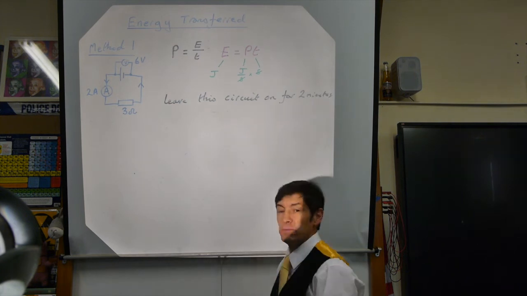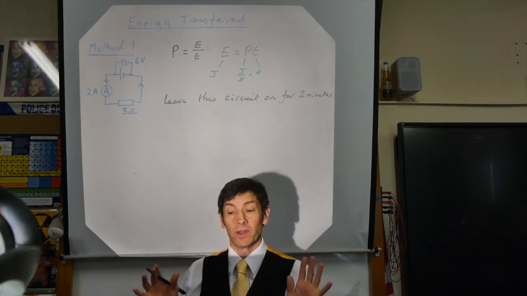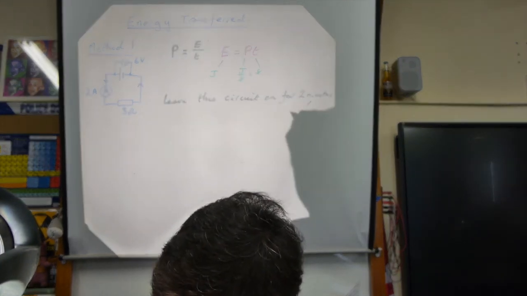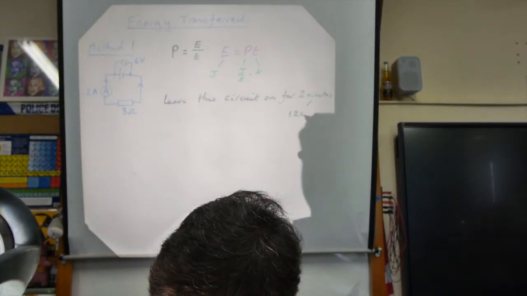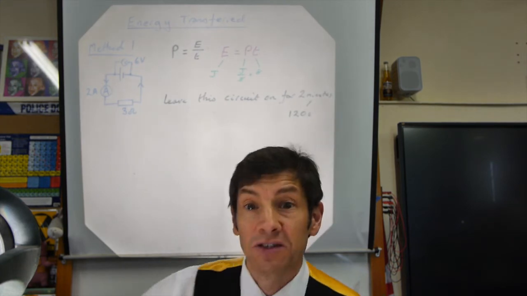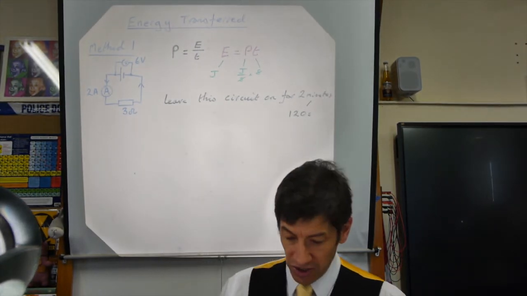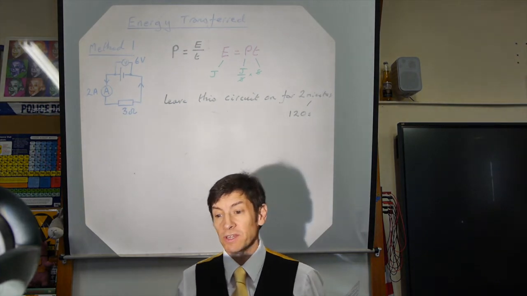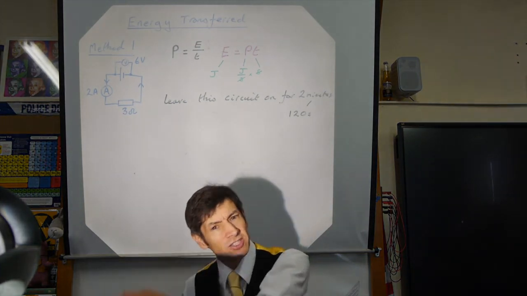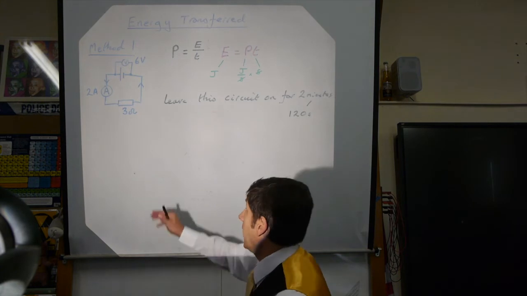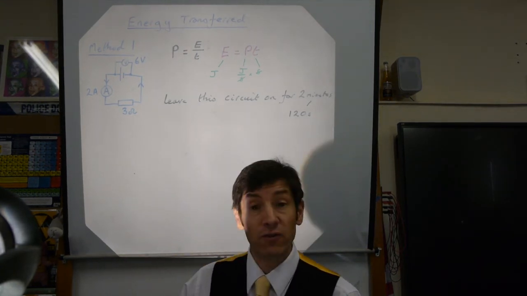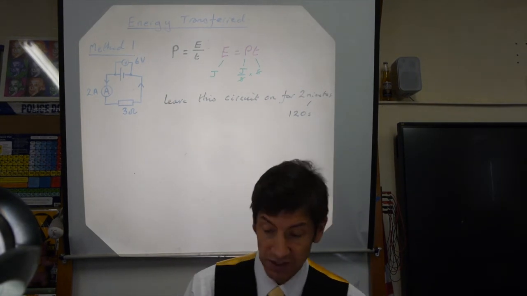Let's leave it on for 2 minutes, and immediately alarm bells are ringing. It's not 2 minutes, of course. It's 120 seconds. So let's work out how much energy this circuit will give out in total. In other words, how much energy will it take from the battery and put into the resistor as heat, if we leave it on for 120 seconds.